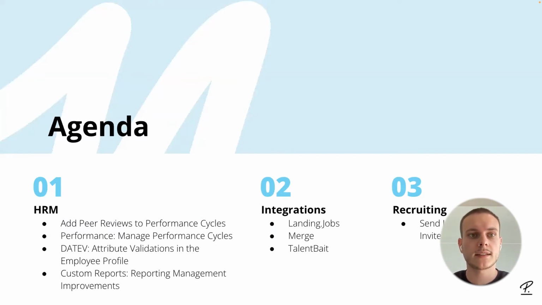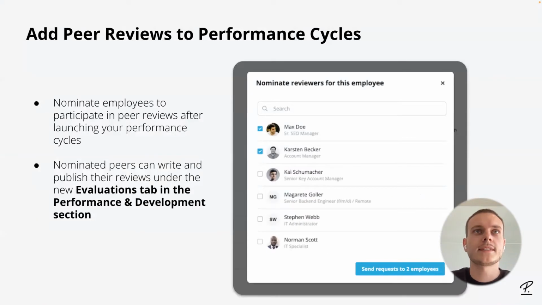We will take a look at that in a minute. Secondly, we will take a look at some new integrations. And last but not least, we have a very interesting new functionality in the recruiting section of Personio. Now it's much easier to send interview invites to your candidates. But let's jump into the first feature, adding peer reviews to performance cycles.